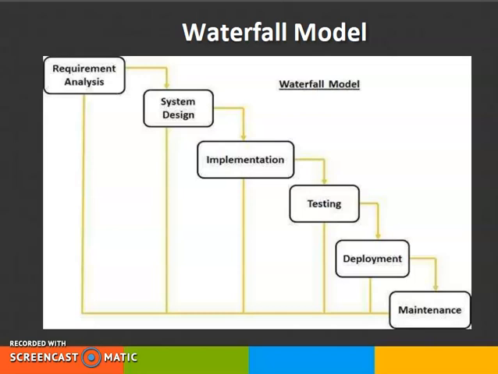Similarly, from implementation to testing, deployment and maintenance, this is the waterfall model. It's a one-way movement of the process of system development. There is no way to go back to the previous step and make corrections. It is a very simple model to understand, and it's very easy to lay out the steps involved in the system development life cycle.